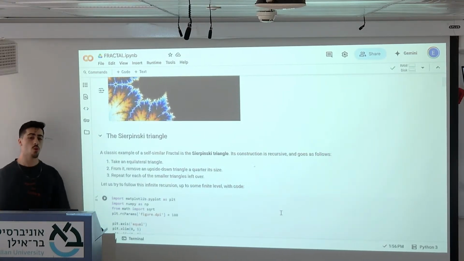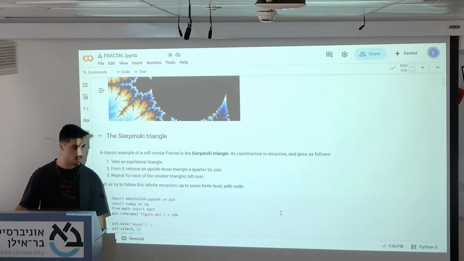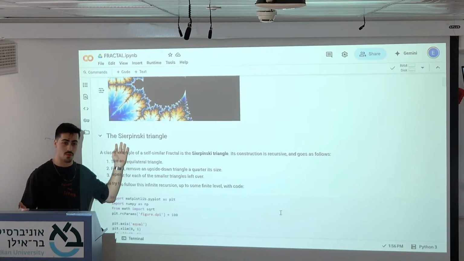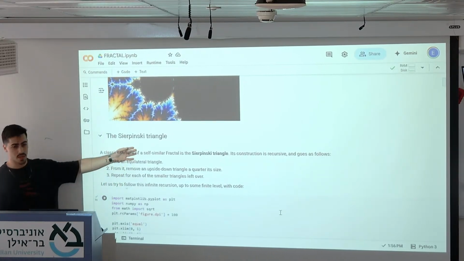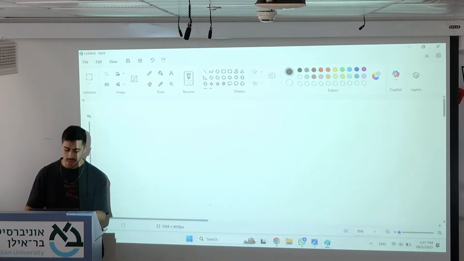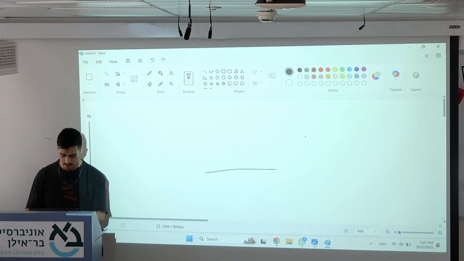Now we'll go over some very classic examples of fractals. The first one, and one of the first to be discovered and analyzed, is the Sierpinski triangle. It has a very simple definition. You take an equilateral triangle and fill it in.